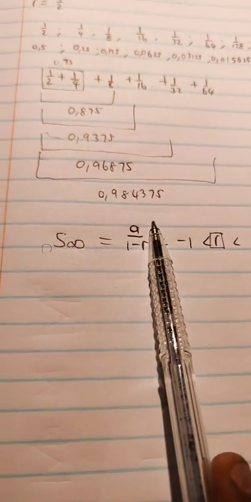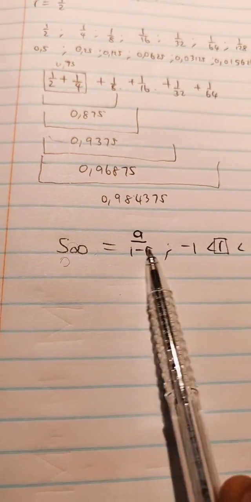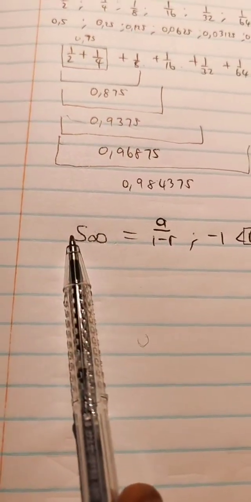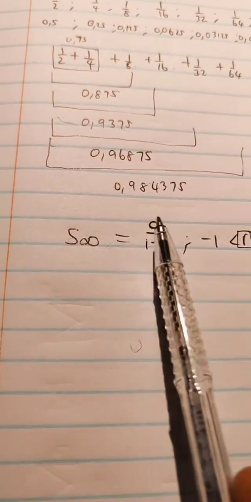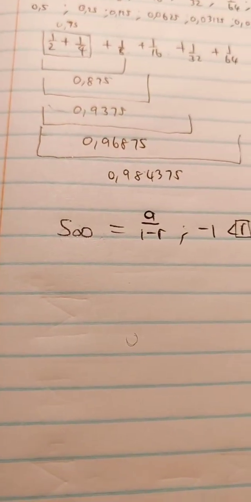And therefore, for a convergent geometric series, we use this formula to calculate the sum. We use the sum to infinity, which is equal to a over 1 minus r. a means the first term, r means the constant ratio.